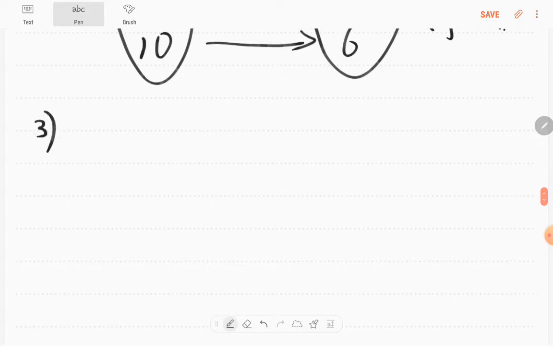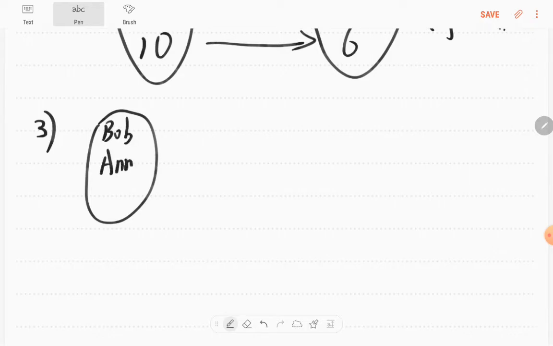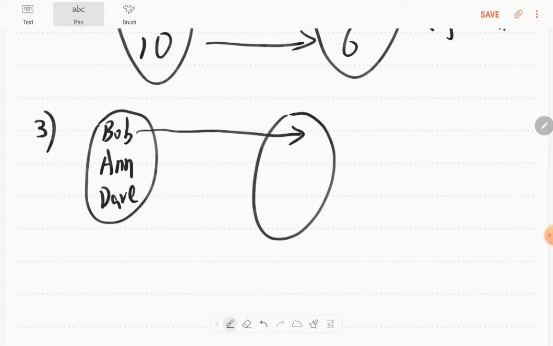Okay. Another example. If you have a set, this is Bob, Ann, and Dave. There's another set, which is the foods they like. Bob likes carrots.